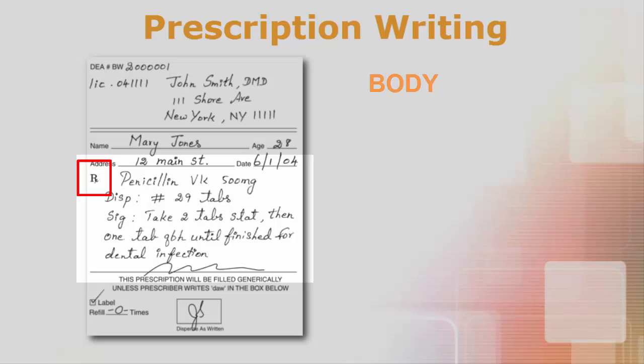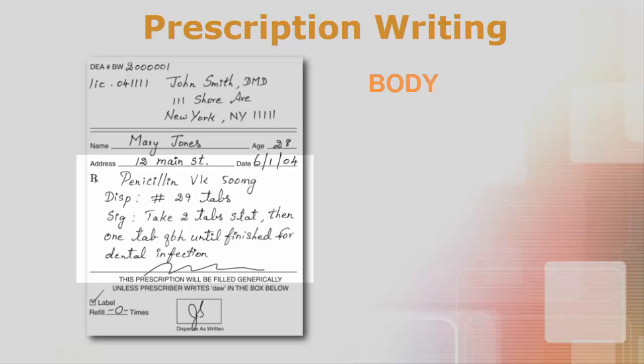The body of the script will always contain the symbol RX. This means prescription. It will have the drug name, whether it's generic or the brand name, the strength, which is written in the metric system, either in grams or liters, the quantity to be dispensed, and complete directions for use. This is the section where common Latin abbreviations are used, and these are important to know also.